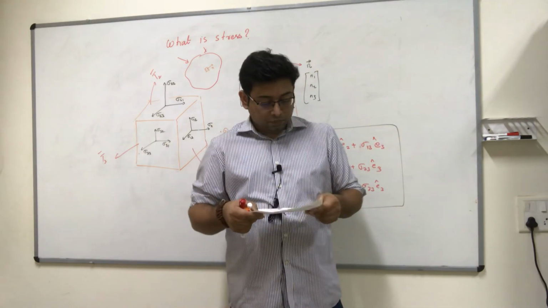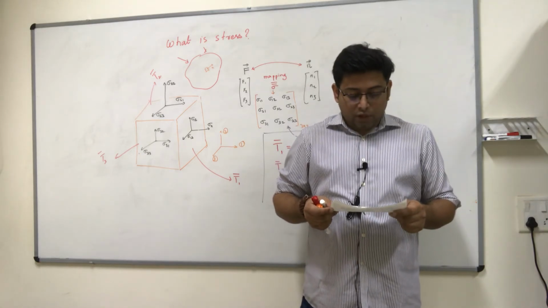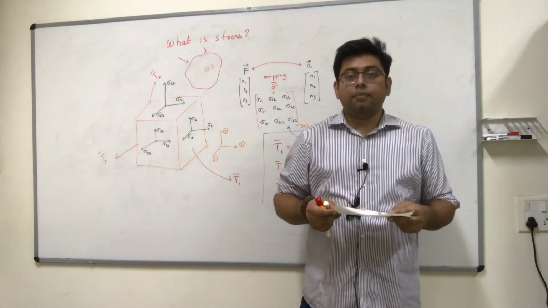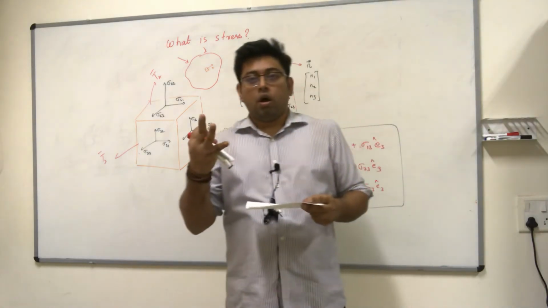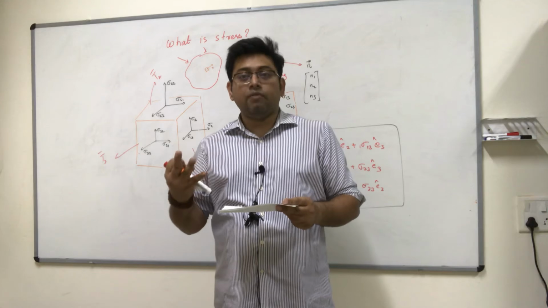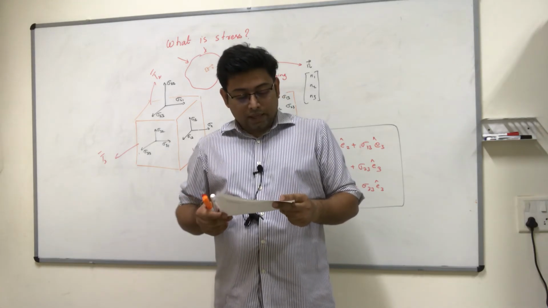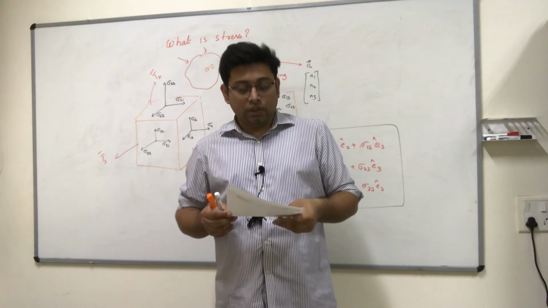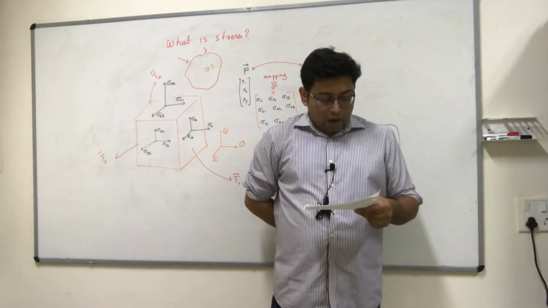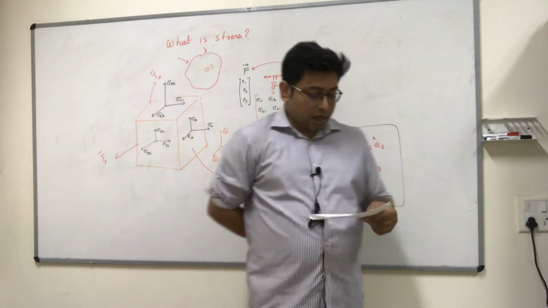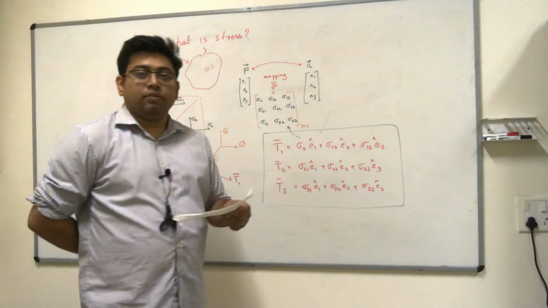Number 1, a positive face is a face that has a normal vector pointing in the positive direction. I'll dictate 4 sign conventions. In the stress sign convention, the first convention for us is, a positive face is a face that has a normal vector pointing in the positive direction.